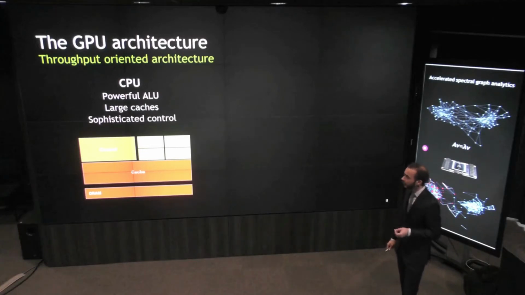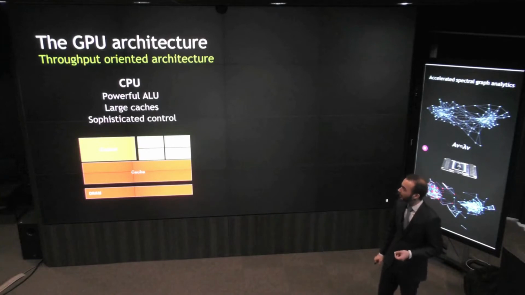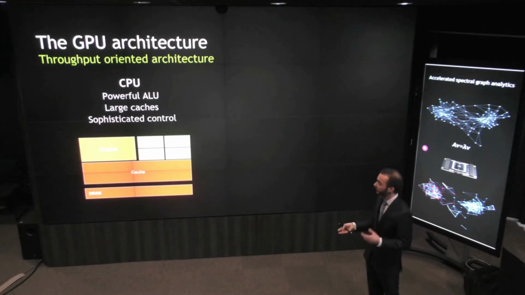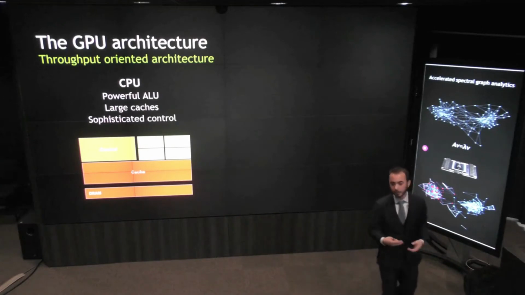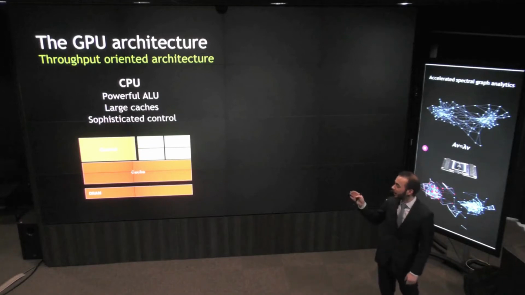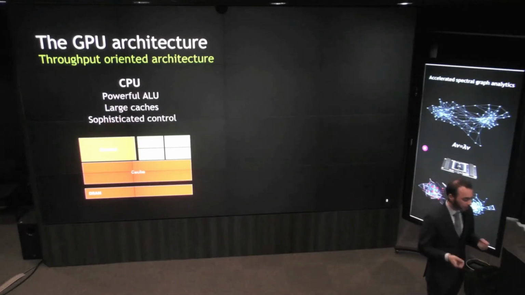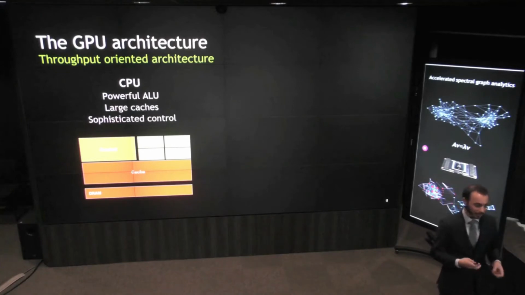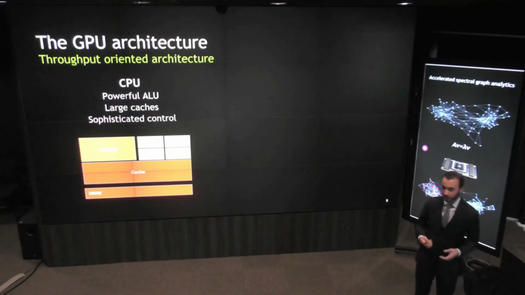So this is very good at doing latency-oriented workloads, and since there are large caches and sophisticated control, by sophisticated control I mean we have branch prediction or prefetching, and that will be very good at handling sequential jobs quickly and making naive sequential code run very fast.